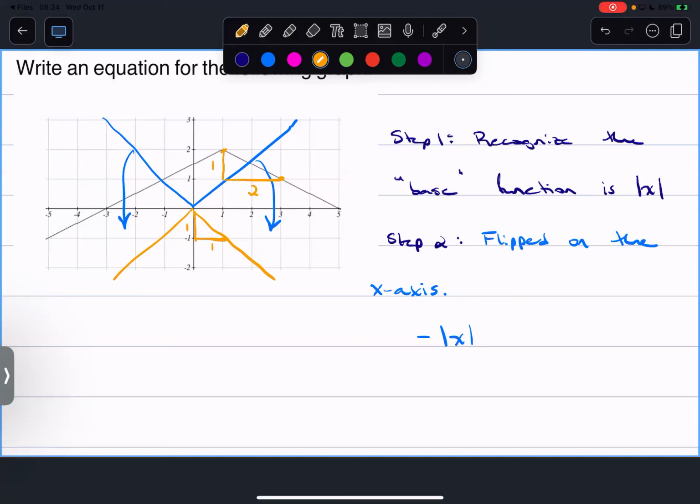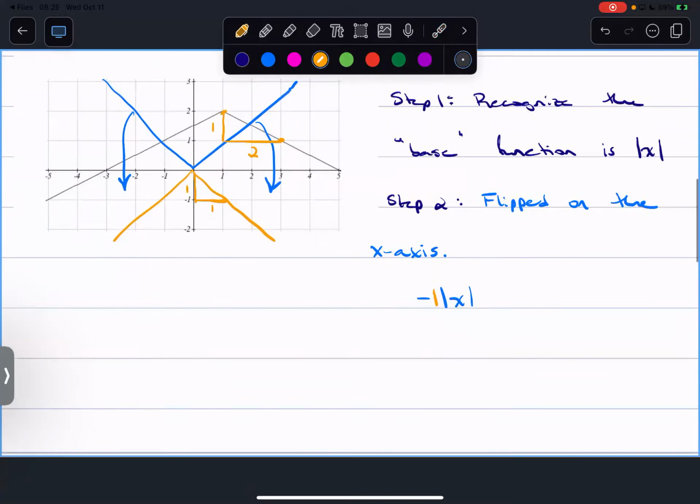Right? And so now, rise over run, the change in output over the change in input, or whatever you want to call it. Now, this slope, 1 over 2 instead of just 1, here we have negative 1 times the absolute value of x.